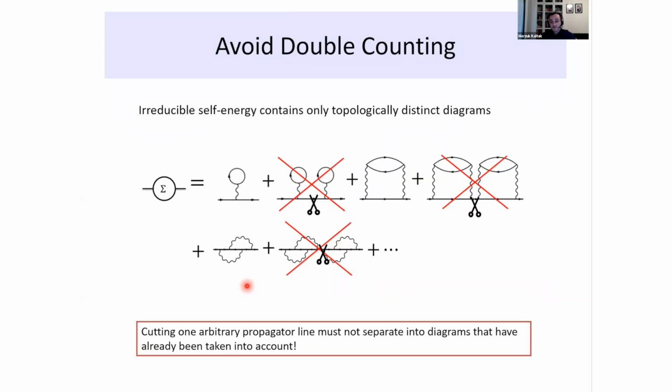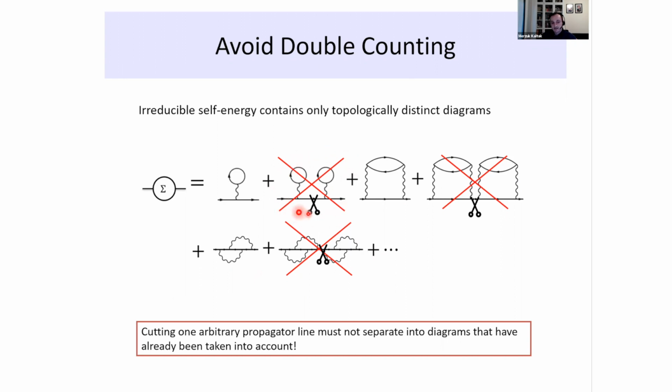Specifically, in order to avoid double counting, one defines the irreducible self-energy as follows. Sigma is the sum of all diagrams that do not separate into diagrams already accounted for if we remove one arbitrary propagator line. Okay, sounds tough at first, but actually isn't. For instance, let me explain this by hand for this example.